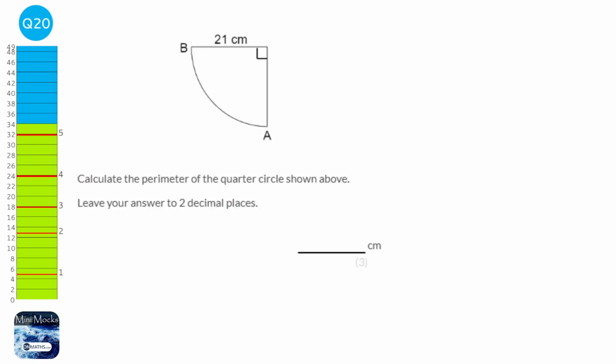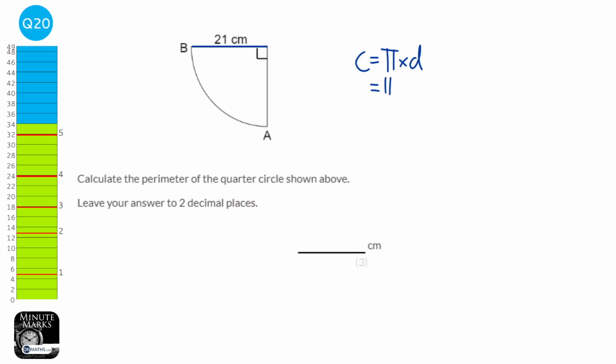The first thing we can do is work out what the circumference of the full circle would be. Obviously we haven't got a full circle here, but what the circumference would be had we got a full circle. So that's going to be pi times the diameter. The diameter is twice as big as the radius, and this 21 centimeters here is the radius of a full circle.